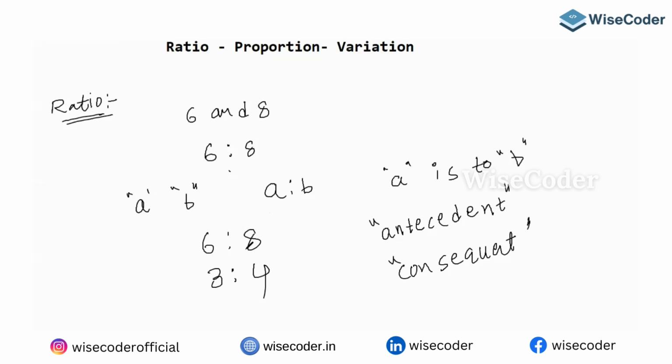If there are two quantities having values of 6 and 8, their ratio is 6 is to 8, that is 3 is to 4, after taking the common factor 2 out. Similarly, if there are three quantities 6, 8 and 18, the ratio is 6 is to 8 is to 18.